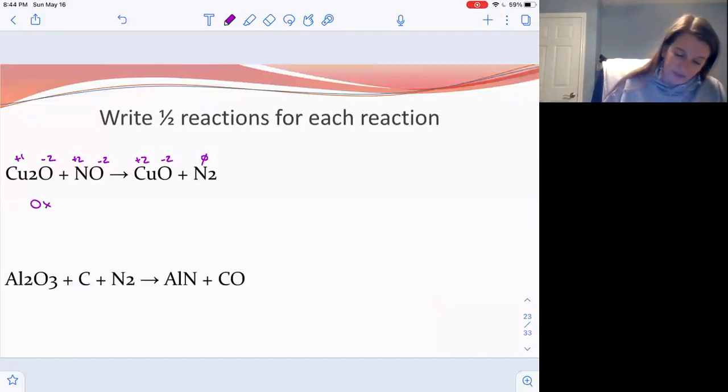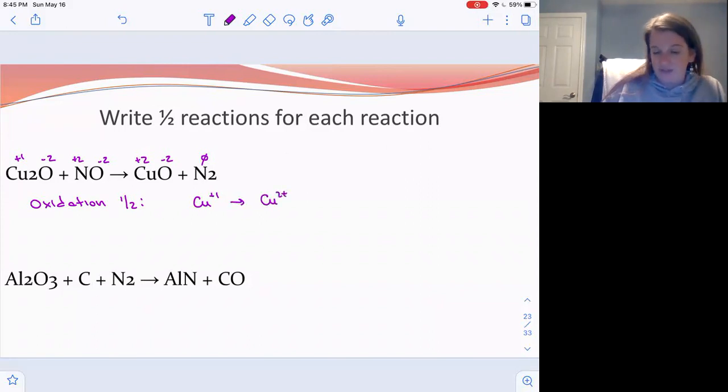So our oxidation half reaction is going to be looking at which element is being oxidized, which one is losing electrons. The copper is losing electrons. The copper is going from +1 to a +2. So we need to add 1 electron over here in order to balance out the charges.